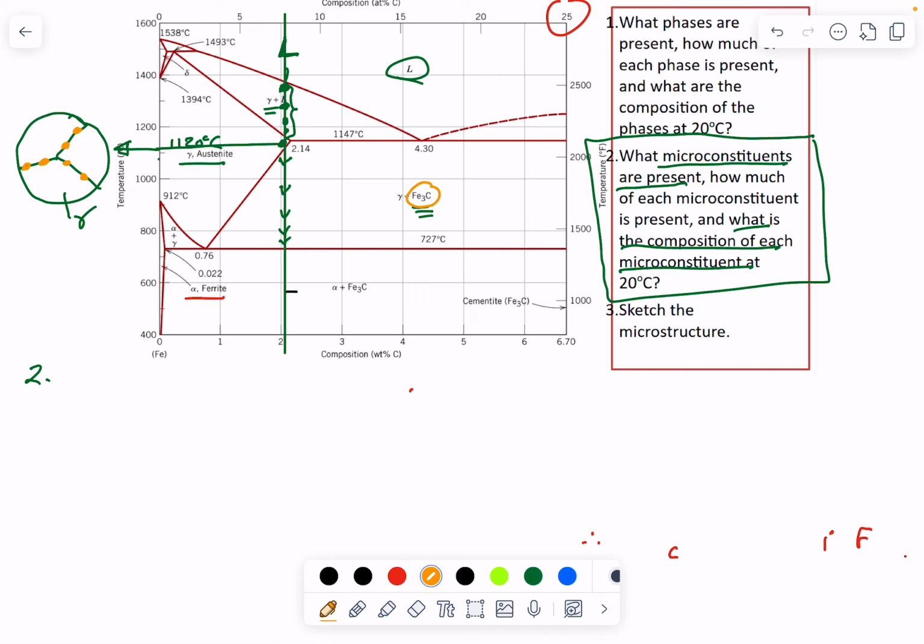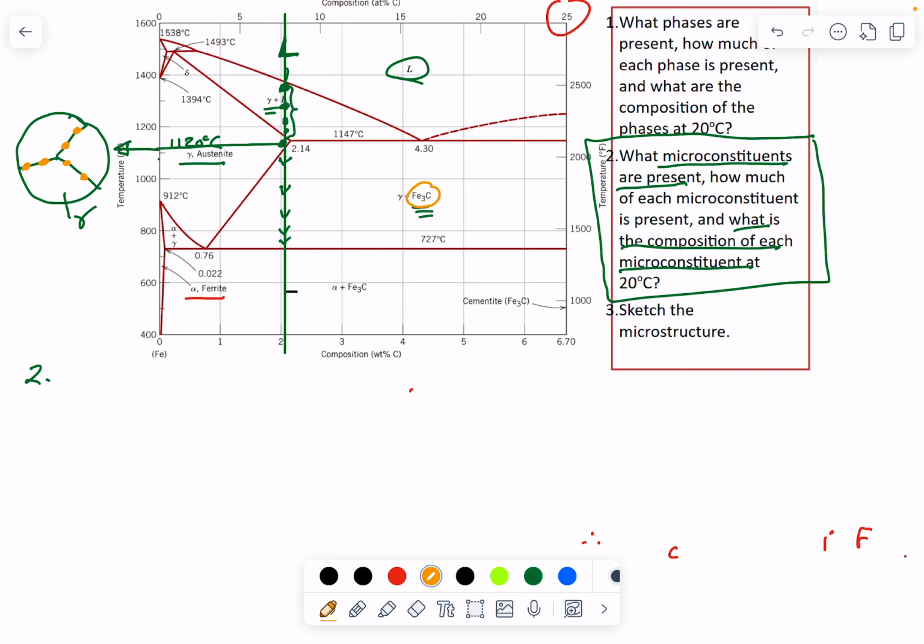Now, what fraction of it is Fe3C? This is going to be important for us to answer because it'll also help us understand what fraction of it is gamma. We have to answer this in order to proceed with the rest of the problem. So let me draw a tie line.